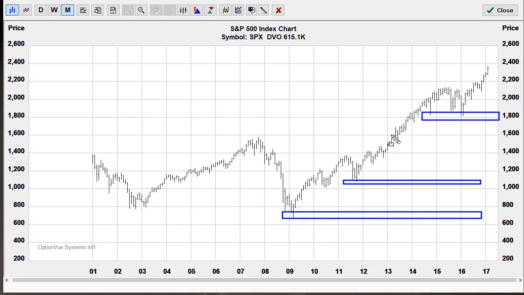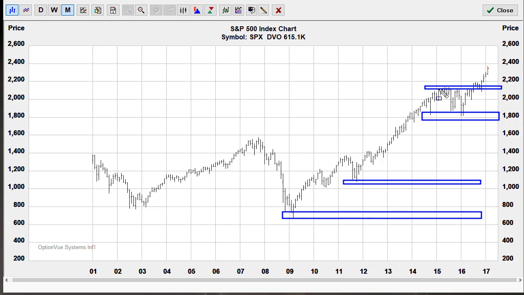If we're talking pure and simple technical analysis, it doesn't matter if this is the S&P 500, Facebook, or Apple, it doesn't matter what the underlying vehicle is. The horizontal support and resistance principles are the same across all vehicles.